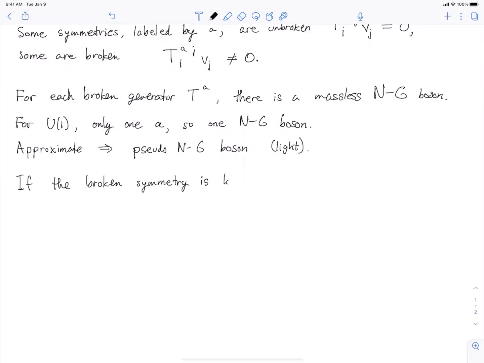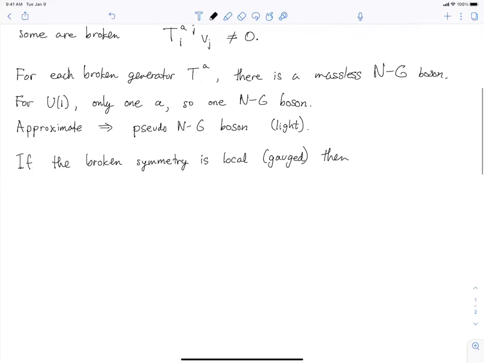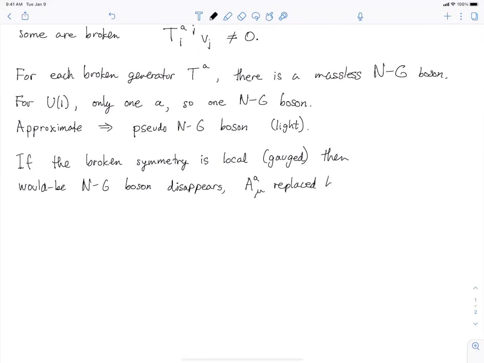So if it's local, which for us is always going to mean gauged, then the would-be Nambu-Goldstone boson disappears. Instead of being massless, it's just gone. And the corresponding vector boson gets replaced by a massive vector boson.